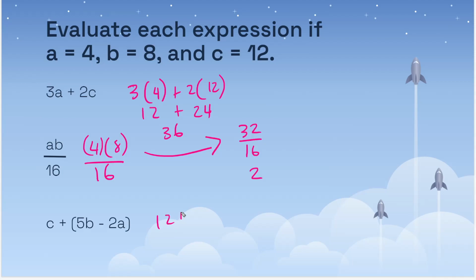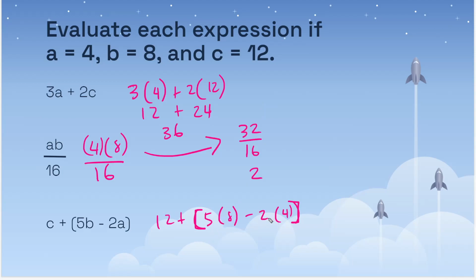C is 12 plus 5 times b. B is 8 minus 2 times a. A is 4. And then we close this whole thing off, maybe we'll just make these brackets just to make this a little bit more clear. And then what to do, it's inside of the brackets first, right?